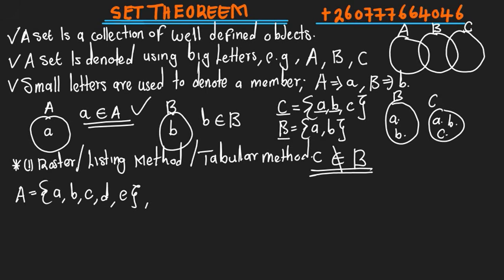Another way through which you can present this particular method, let's say you are dealing with vowels. You can say B is a set of vowels and you are listing them in roster or tabular method. Then this is going to be your A, E, I, O, U. Okay? So in other words, you are just listing the elements. That's the only thing you're doing.